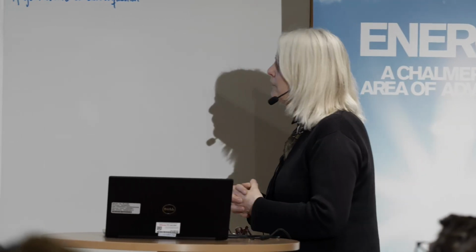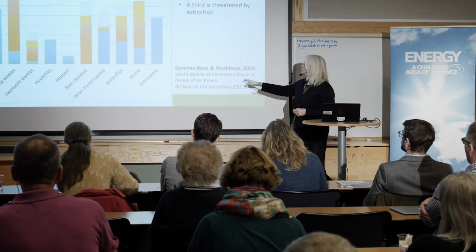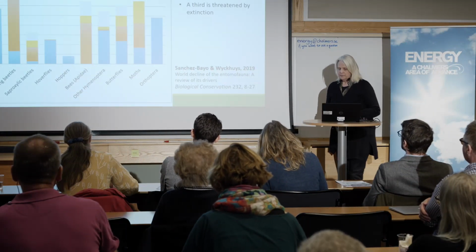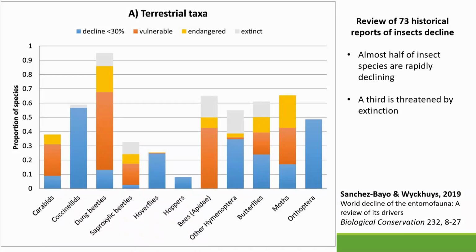And this review came just 2 months ago, where some researchers tried to find studies that had a long-term overview of how insects are changing over time. And here is also one data gap. They found only 73 for the whole world, 73 reviews, where they could historically, from the 30s and 40s, follow the trend for the number of insects, both total numbers but also species.